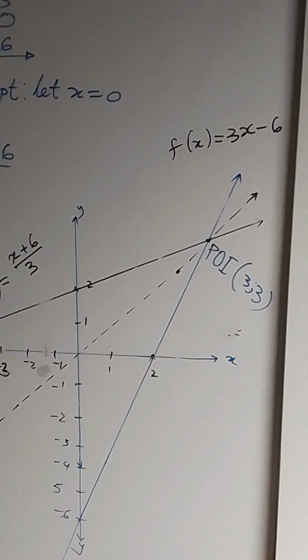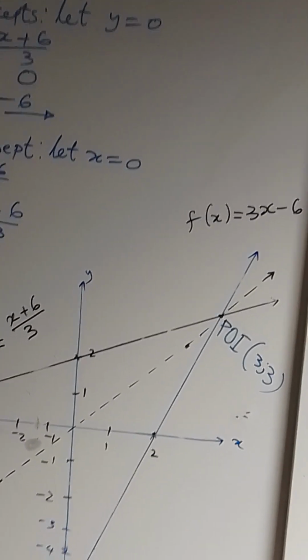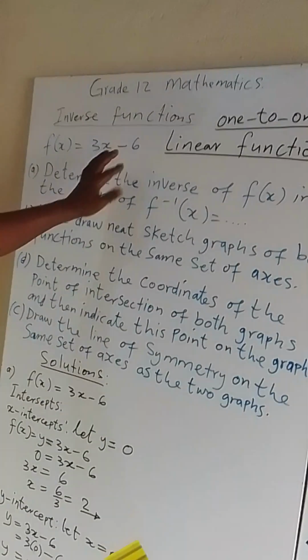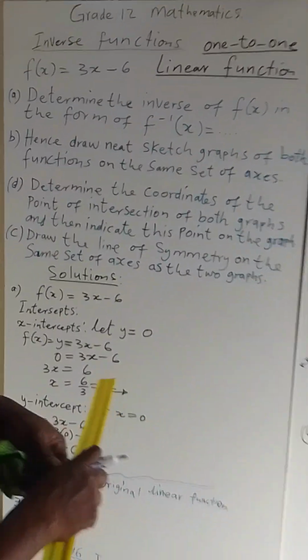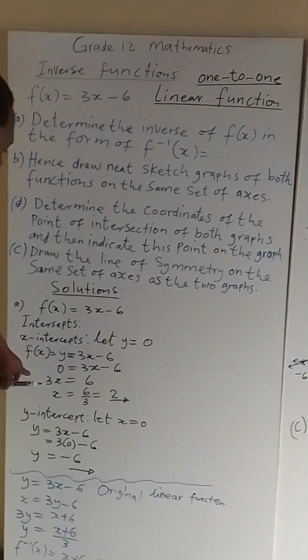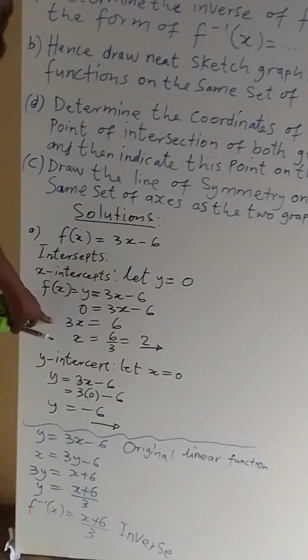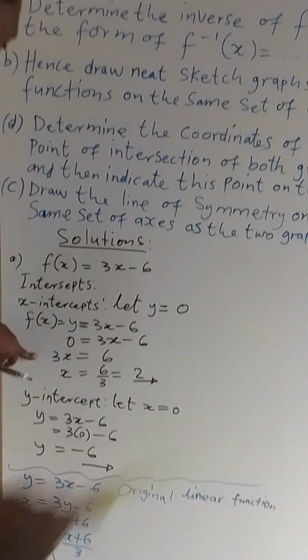Grade 12, this is the way of dealing with the inverse function. You will be given a function, then you find the inverse of that function. Then after finding the inverse of the function, you start to solve the equation of the original, which is the linear function.